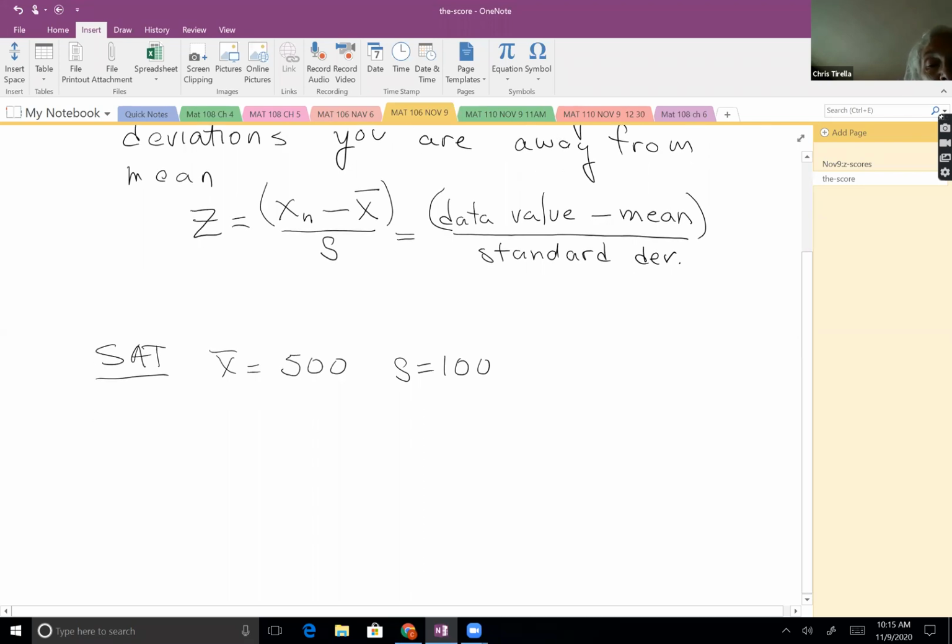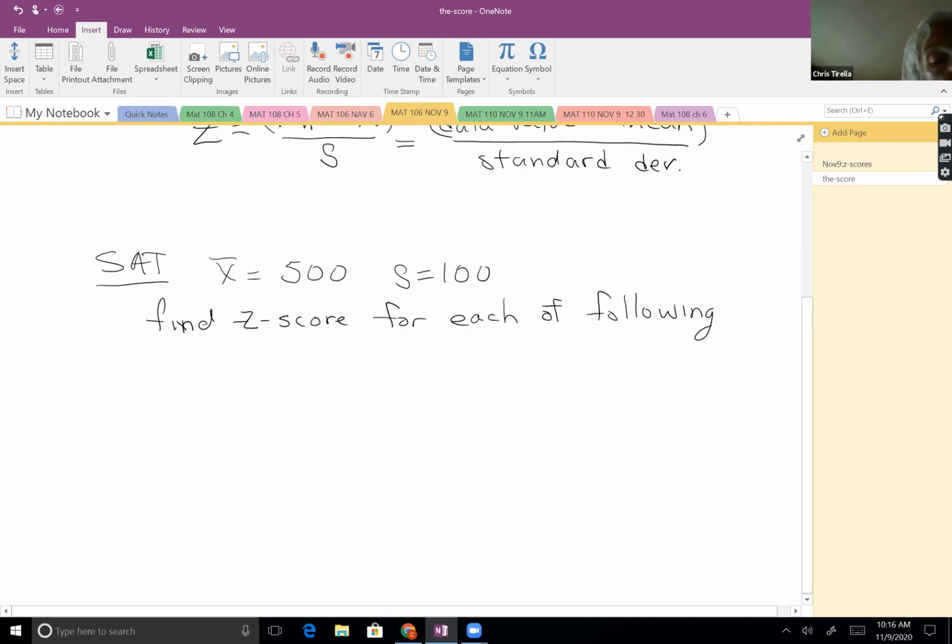But going back to that SAT, where the mean is 500 and the standard deviation is 100, let's find the z-score for each of the following. So let's say we want to find the z-score for a score of 750.